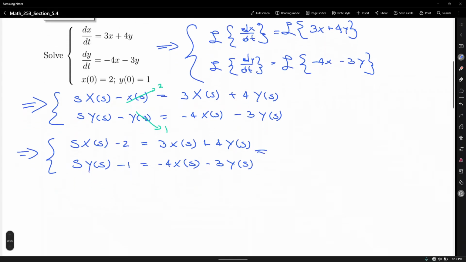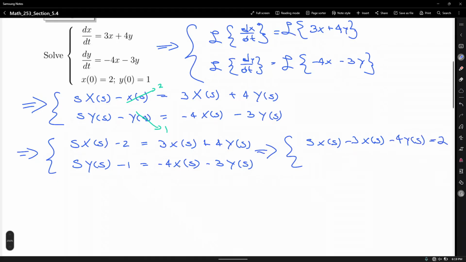That'll be the following. Check this out. This would be s X(s). I'm going to move the 3 X(s) to the left, minus 3 X(s). This negative 2, I'm going to move to the right-hand side with the opposite sign. And also I'm going to move the negative 4 Y(s), and that equals 2.